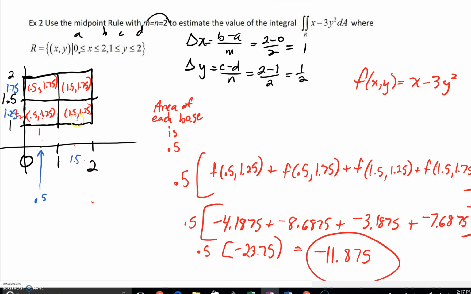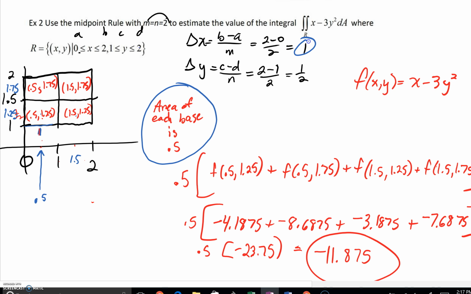So the midpoints would be 1.5, comma 1.25 in this bottom right subrectangle, and the top right subrectangle we'd have 1.5 and 1.75.